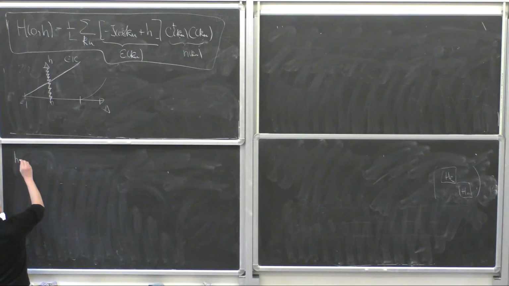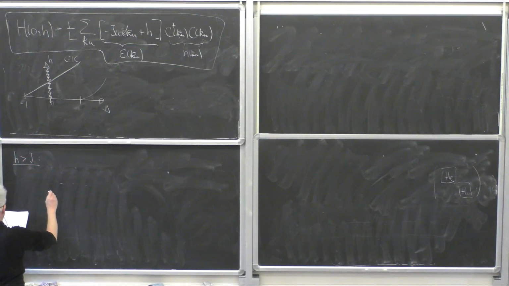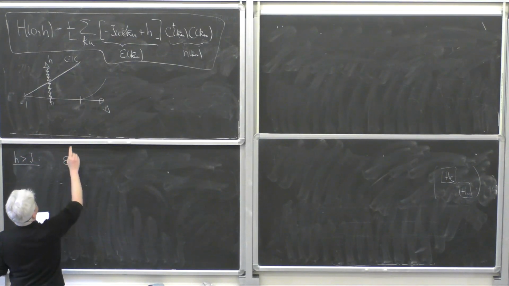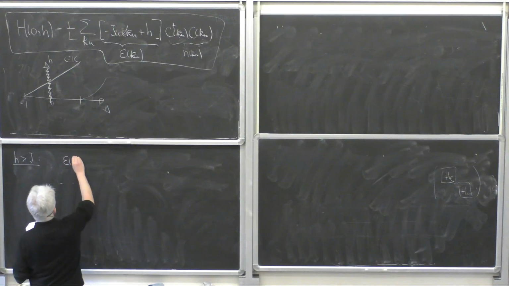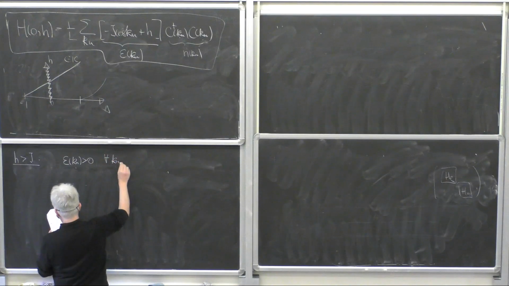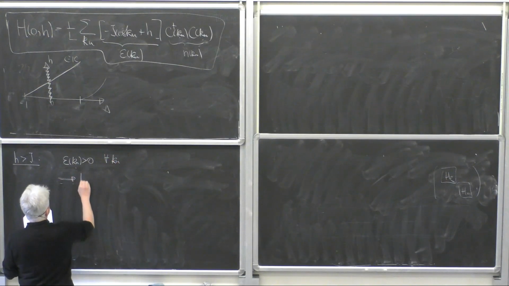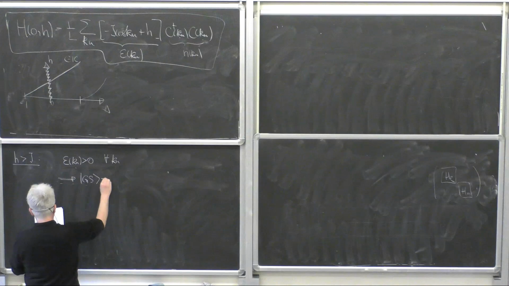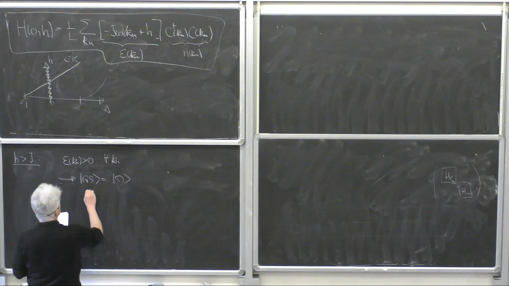So there are two phases for h larger than J. Just look at this dispersion relation, then epsilon of kn is always positive. And this tells us that the ground state is just the fermion vacuum.